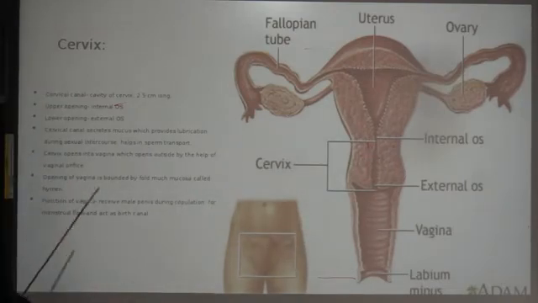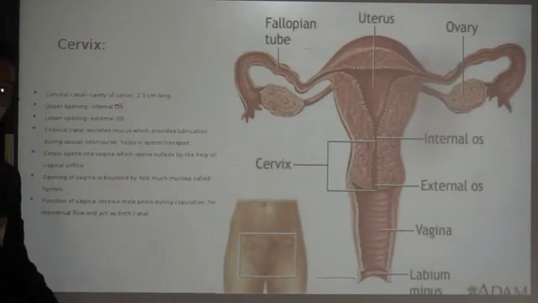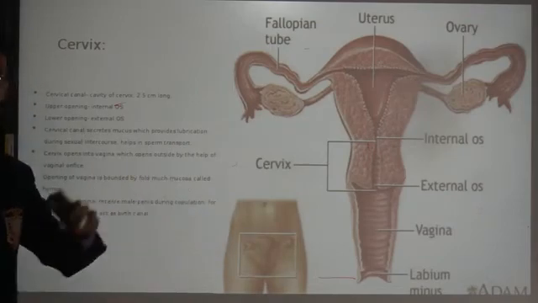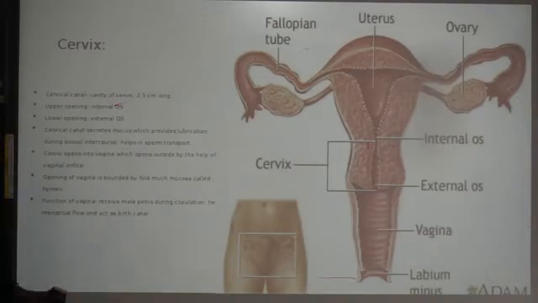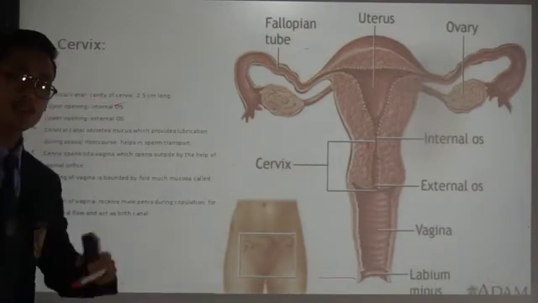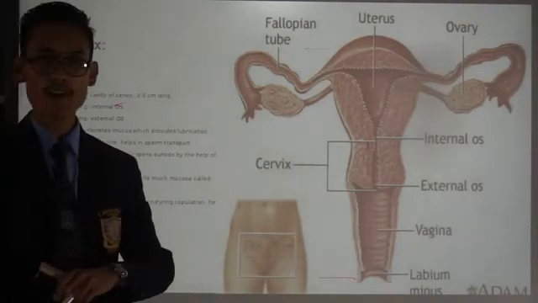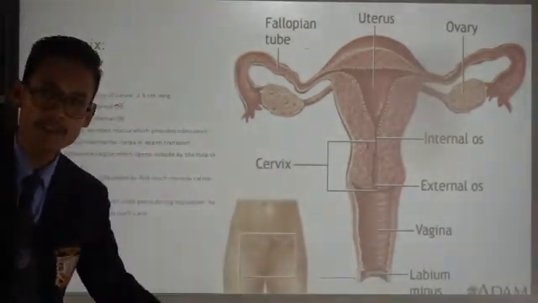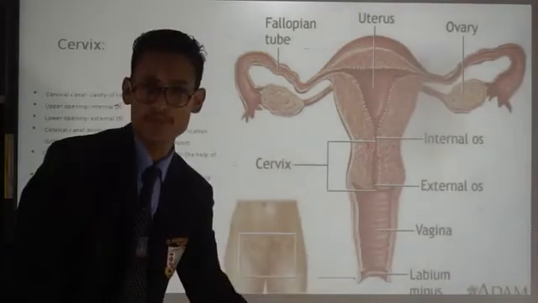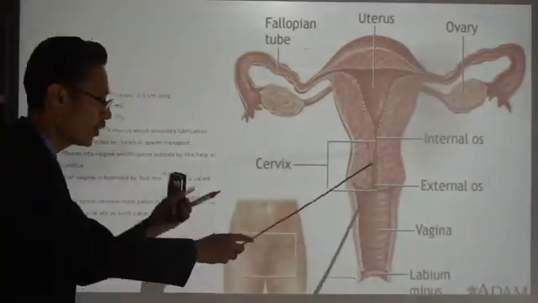Now, what is the function of the vagina? The function of the vagina is to receive the male penis during copulation or sexual intercourse. Second, it is utilized for the menstrual flow: during menstruation, the ruptured blood vessels and the unfertilized ovum flow through the vagina.